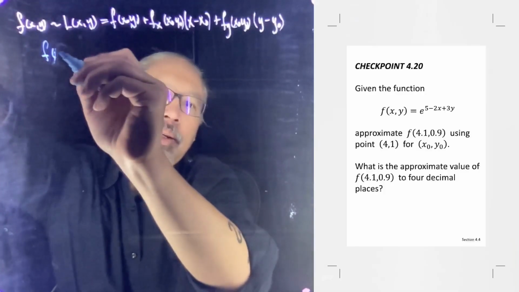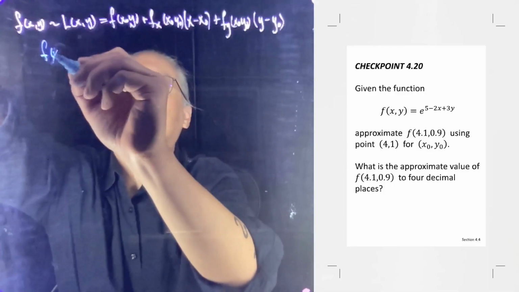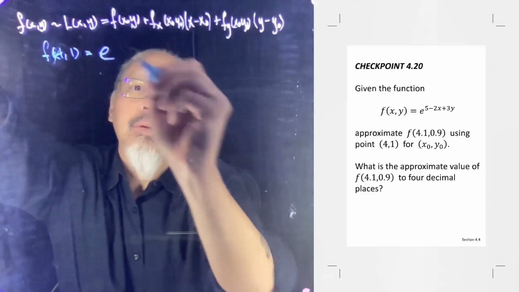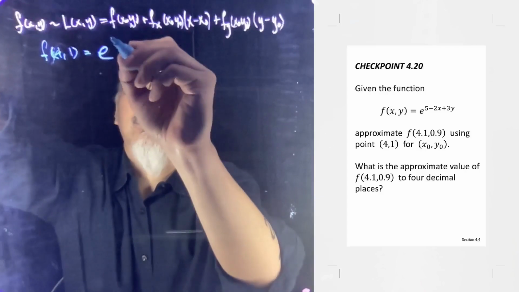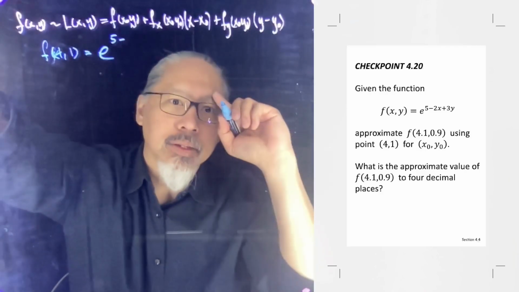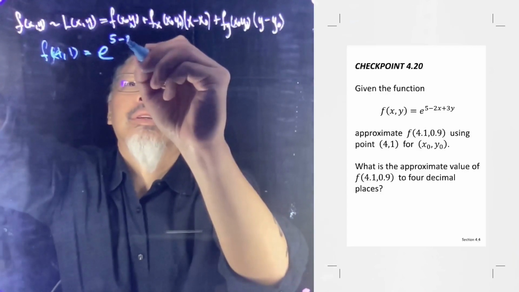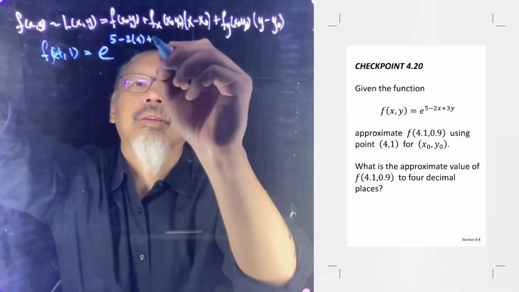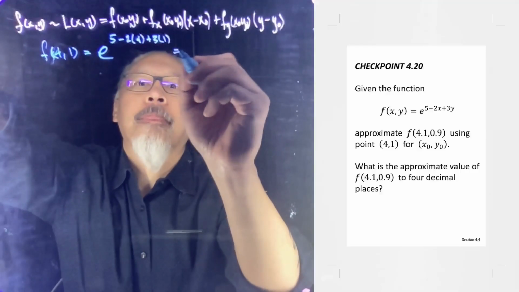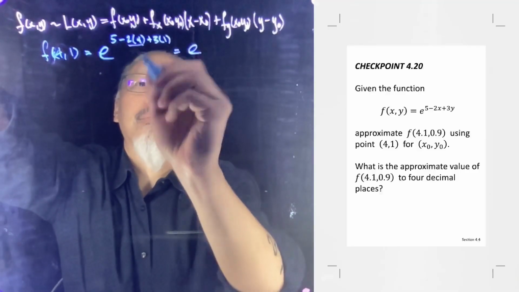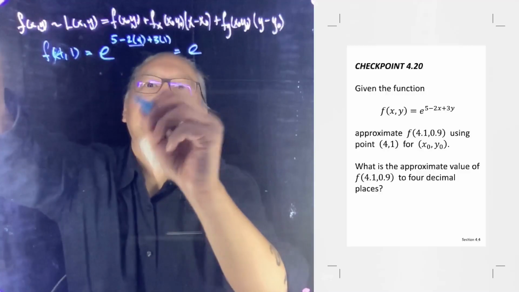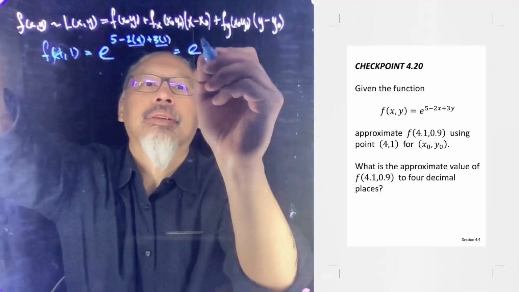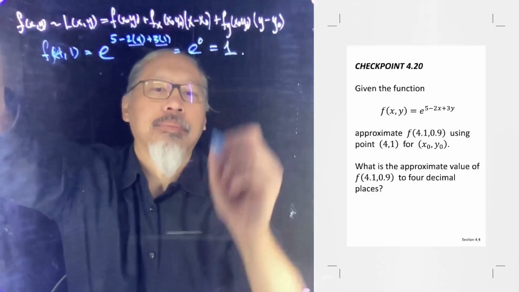F of 4, 1, and we're going to the exponential function 5 minus 2x, so 2 times 4, plus 3y, 3 times 1. So this is e to the 5 minus 8, which is negative 3, plus 3 is 0, so that's just going to equal 1.